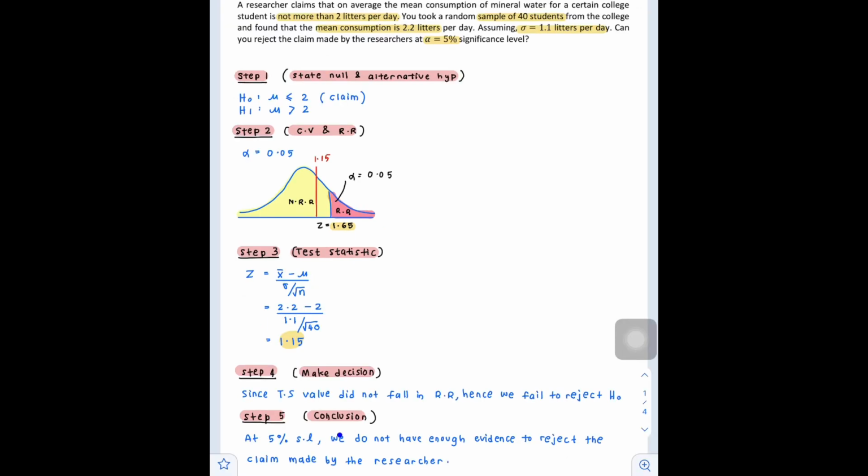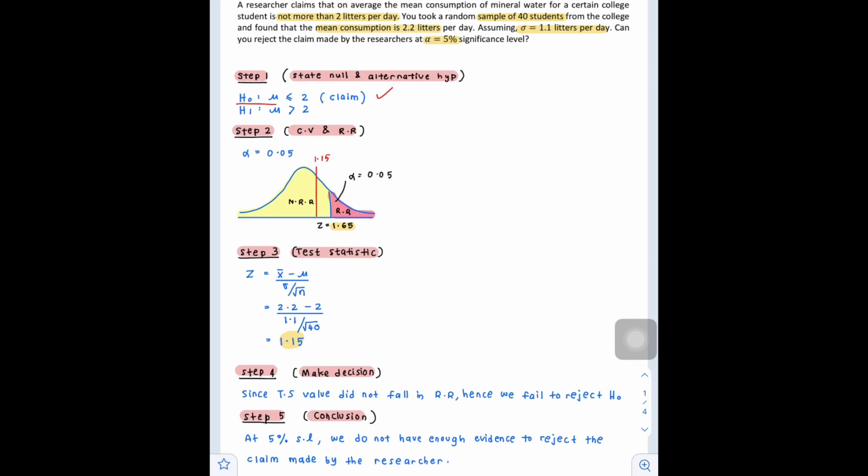The last step is the conclusion. Conclusion is always answering the question. The question asks, can you reject the claim made by the researcher at alpha 5% significance level? How to conclude? Your decision just now is fail to reject null. This is your null hypothesis. When you fail to reject null, meaning that you are accepting the null hypothesis.